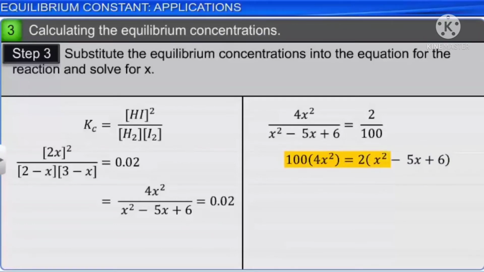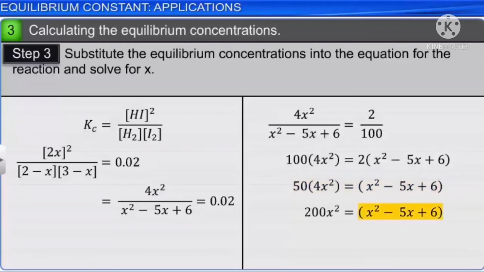On cancelling 100 with 2, we get 50 multiplied by 4x squared is equal to x squared minus 5x plus 6. This becomes 200x squared is equal to x squared minus 5x plus 6.